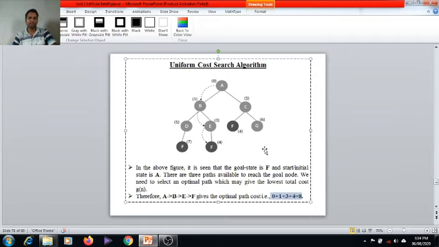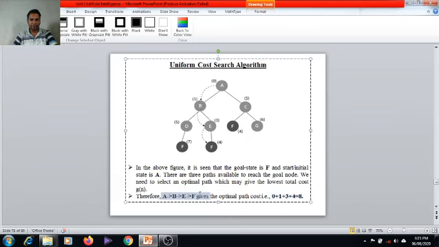This way the solution is obtained with the help of uniform cost search. If you cross-check the cost to reach the goal node via this other path, 0 plus 1 is 1, 1 plus 5 is 6, 6 plus 7 is 13. So 13 is greater than 8. That's why, as compared to this path, the ABEF path is best.